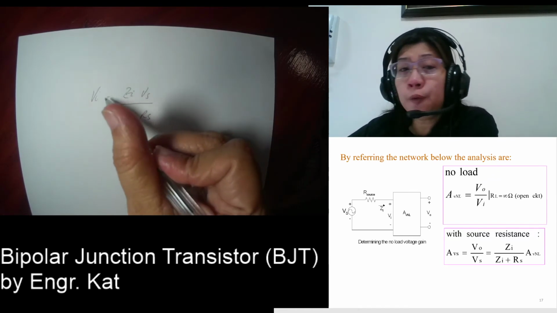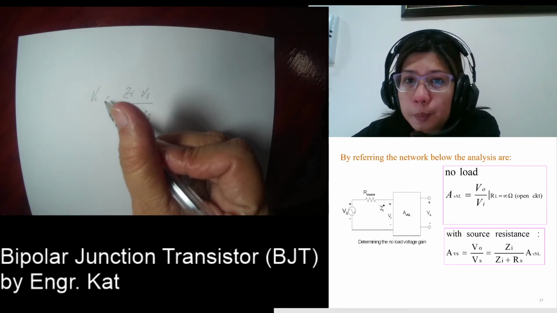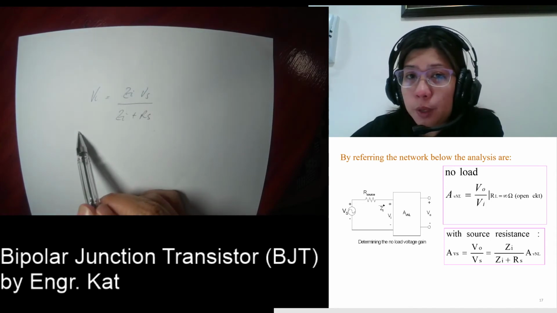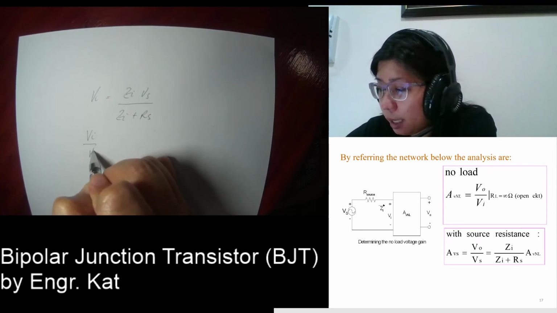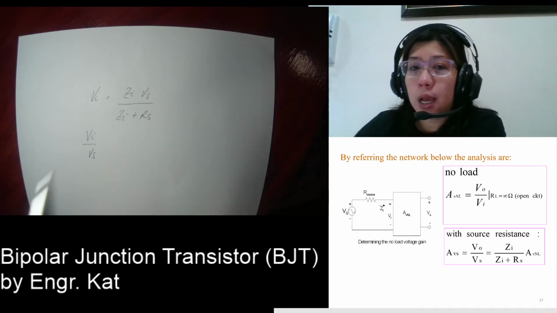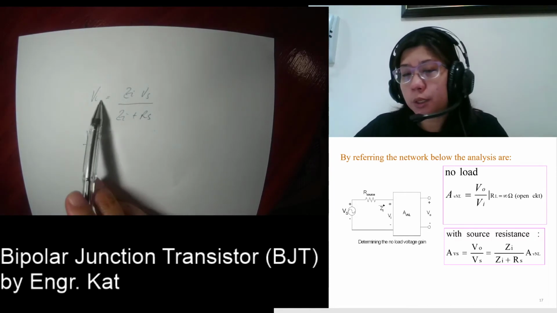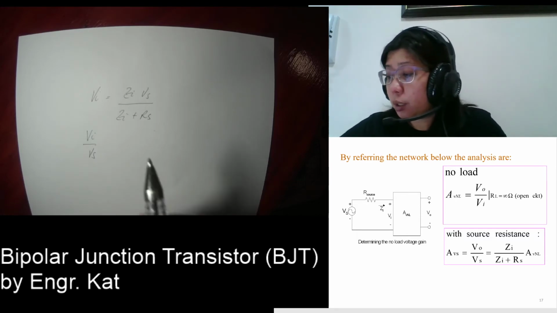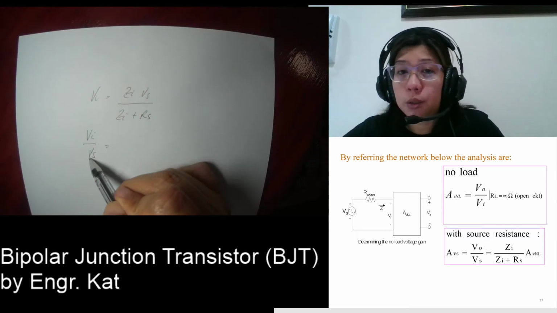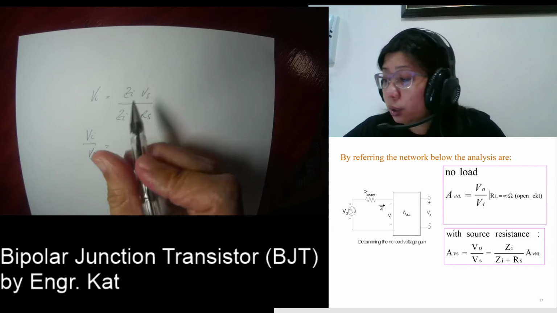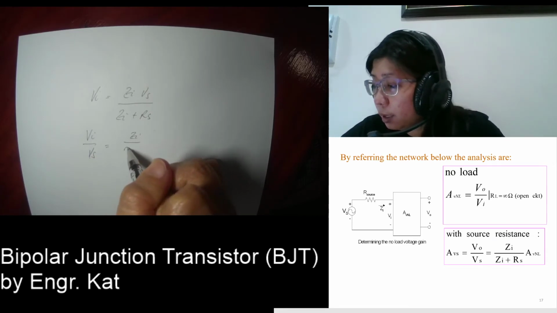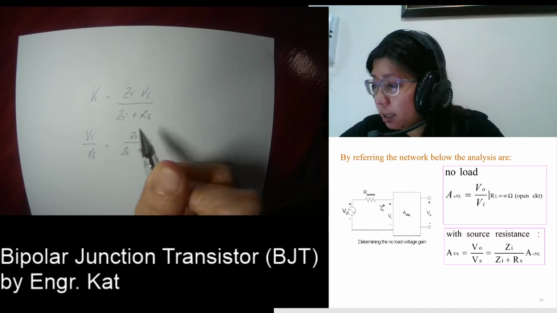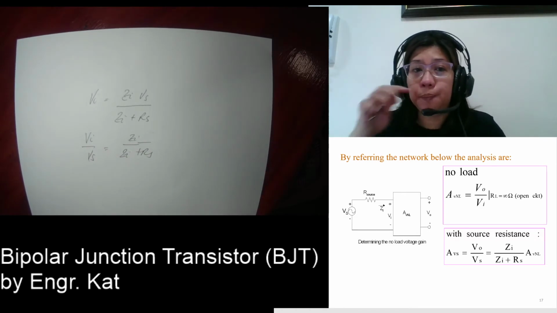If we are getting the gain, your VI will serve as the output while your VS will serve as your input. So that will give you ZI over ZI plus RS. This is your VI over VS.